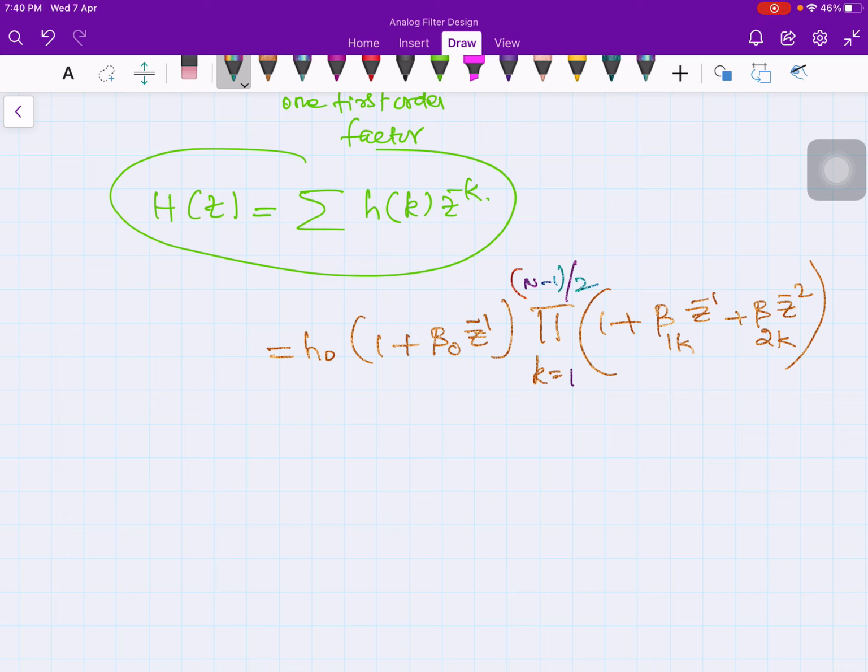And here capital N is odd, the order is odd.